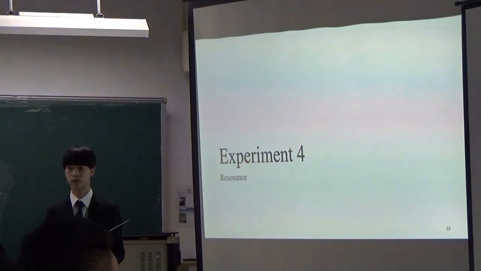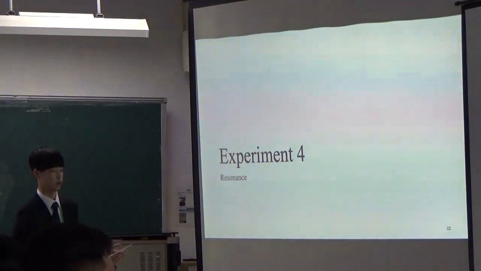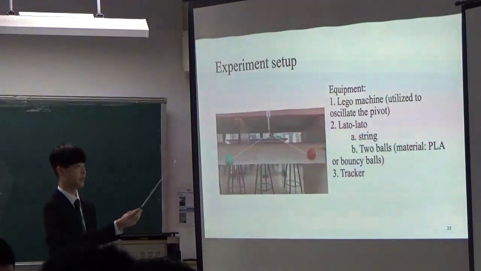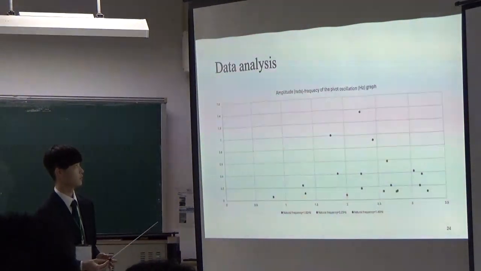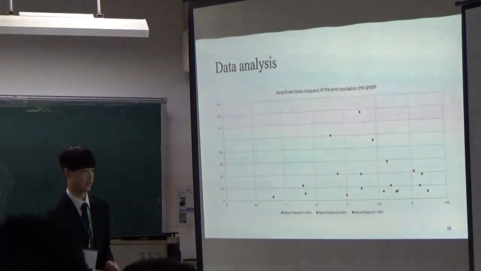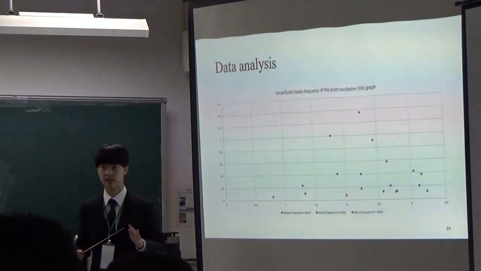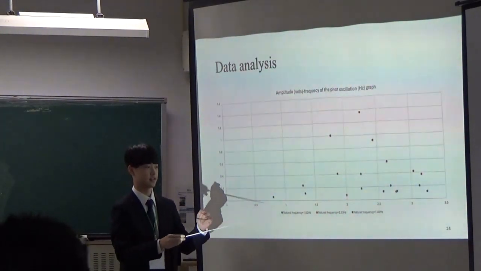This is experiment 4. In this experiment, I will talk about the resonance. Here is the equipment, and this is the result. I adjust the natural frequency by changing its length.